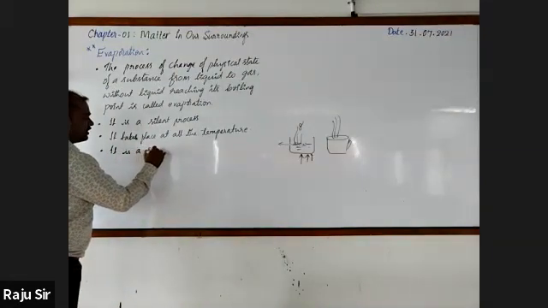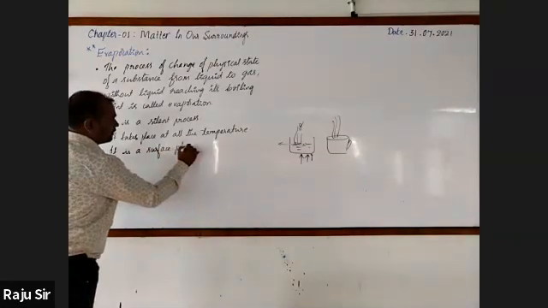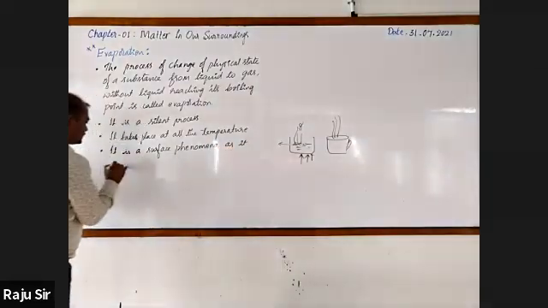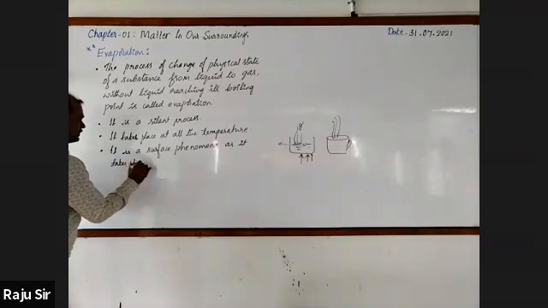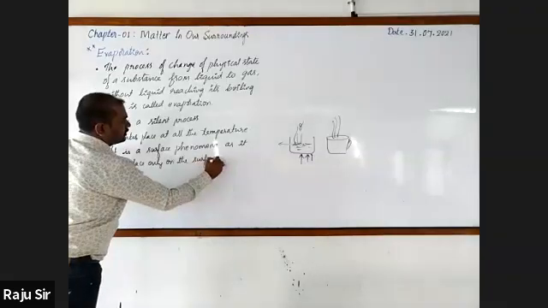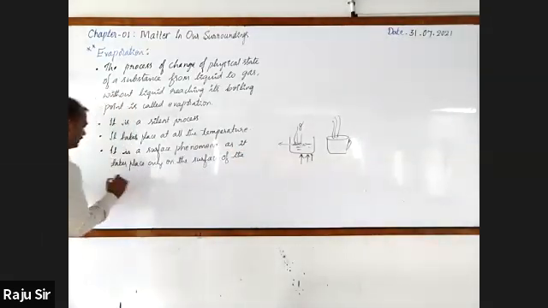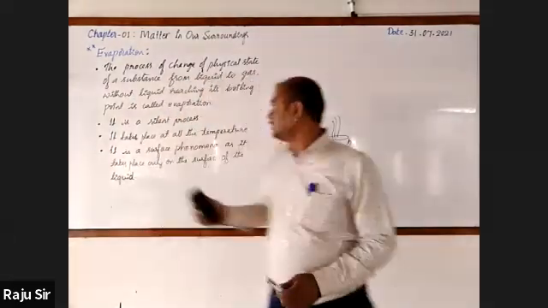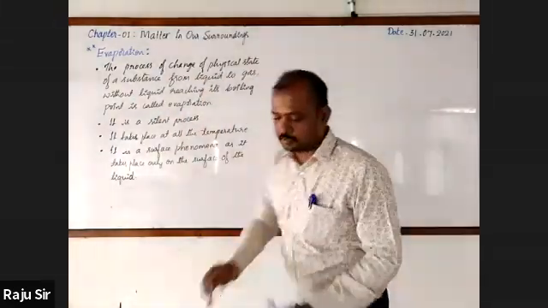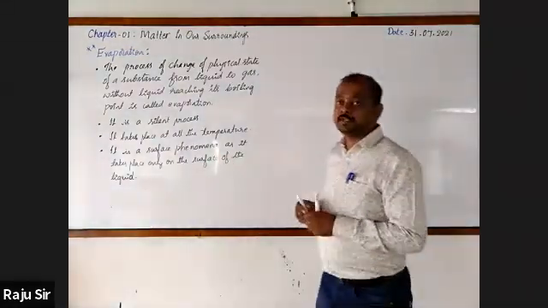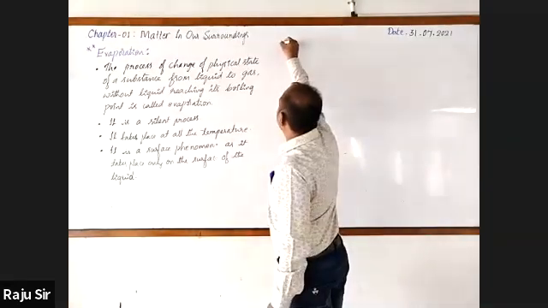It is a surface phenomenon as it takes place only on the surface of the liquid. Like that, many points are there when we are discussing the differences between boiling and evaporation. Now you write.